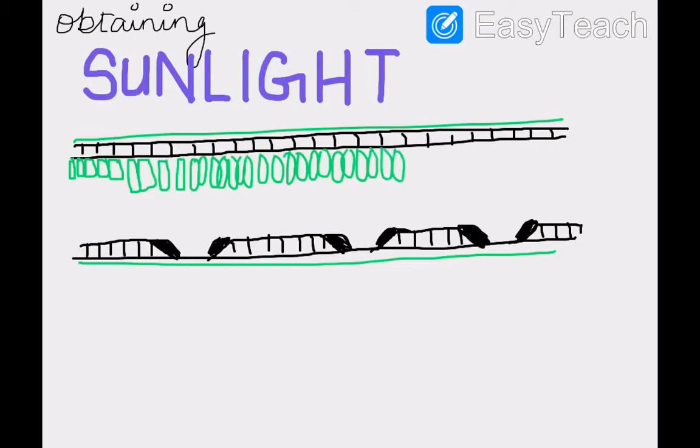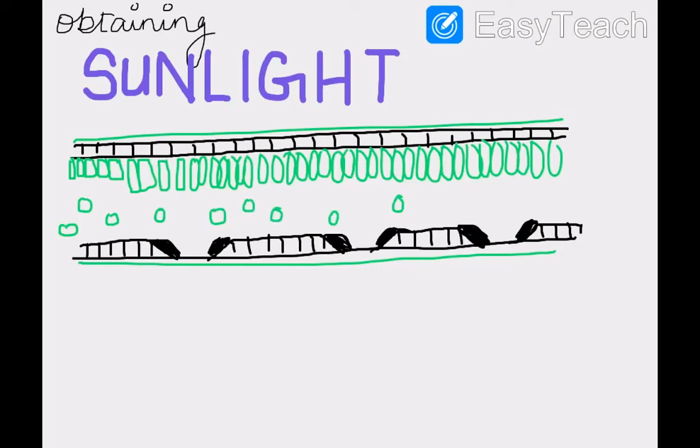And that does make sense because the more chloroplasts there are, the more sunlight can be absorbed and the more photosynthesis can take place. Now, towards the bottom part of the leaf, you will notice that there are chloroplasts still, but they are loosely packed. So there's a lot of space between those chloroplasts. The top part, or the closely packed part of chloroplasts, is what we call the palisade layer.